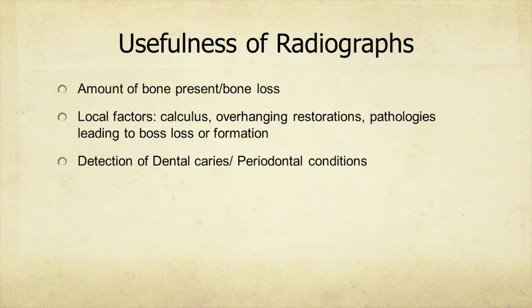There are so many other local factors which can be identified with this, such as calculus, which is a part of the disease process of periodontal disease, restorations, or in common terms your fillings, and other pathologies which can lead to either bone loss in that area or bone formation, and these can be identified with the help of radiographs, and these are the areas which you cannot see clinically.